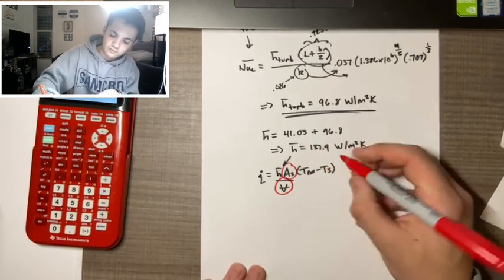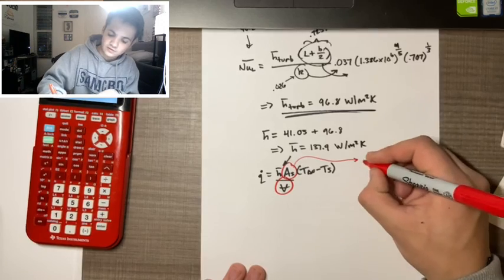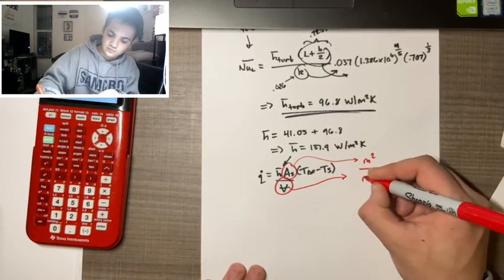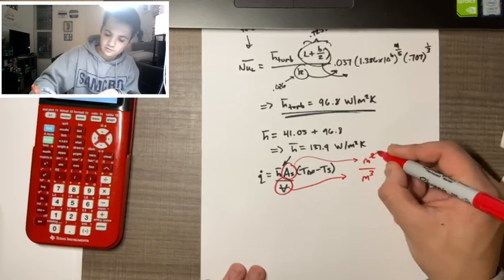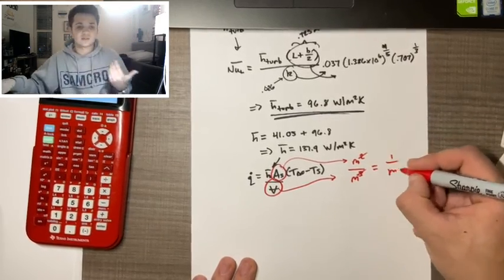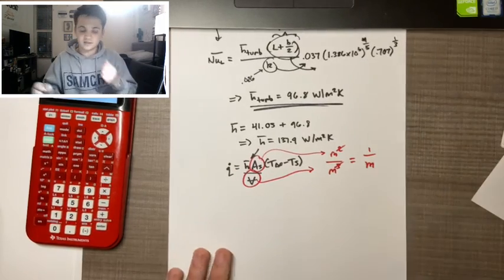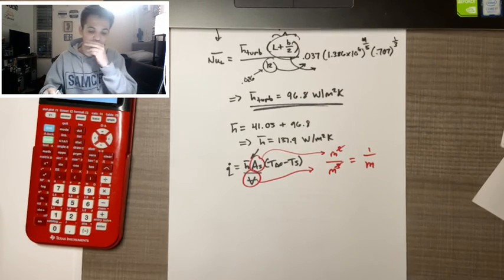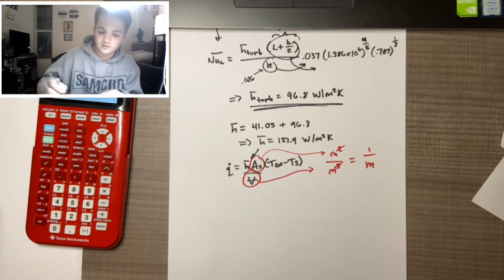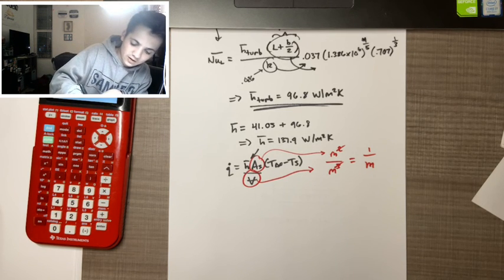Then we can take a little shortcut here to work with something more straightforward than volume. We have these two: what are the units of area? Meter squared. And what are the units of volume? Meter cubed. If we cross off these exponents, what are we left with? 1 over meter. So that's some distance. The distance for us is our thickness A, which is 10 millimeters or 0.01 meters.